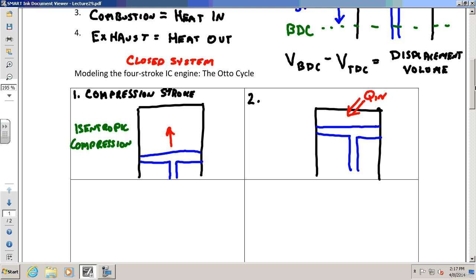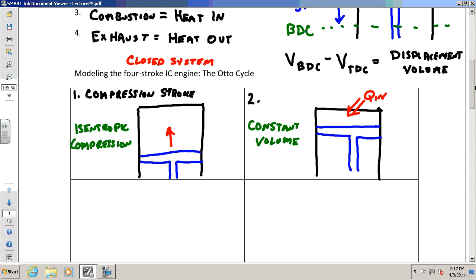But here's the deal. We're going to assume that basically it's a heat addition at a constant volume. Basically what we're saying is that combustion occurs so quickly and gives us heat so fast, it's almost as if the piston stopped and it happened only when it stopped at its top.